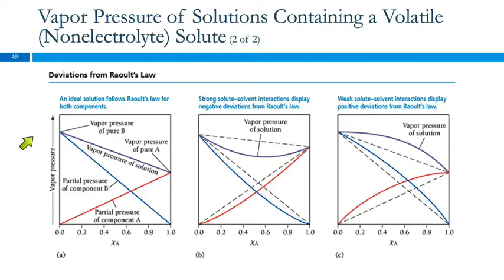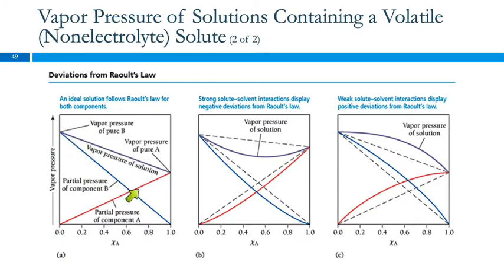So this is a graph showing the vapor pressure of each component as a function of the mole fraction of A. And we see that when the mole fraction of A is 0, then its vapor pressure is 0. And the mole fraction of B here would be 1, so all the pressure is from B. And as we mix these, so we have more A and less B, the vapor pressure of B goes down, that's the blue one here.